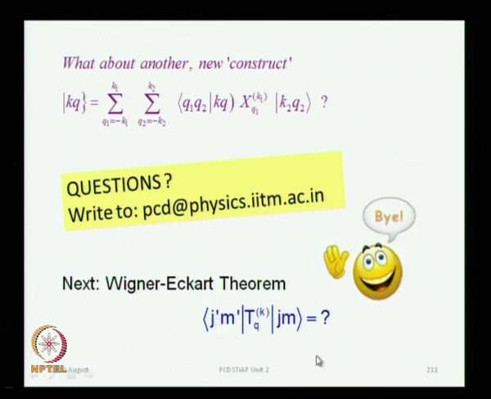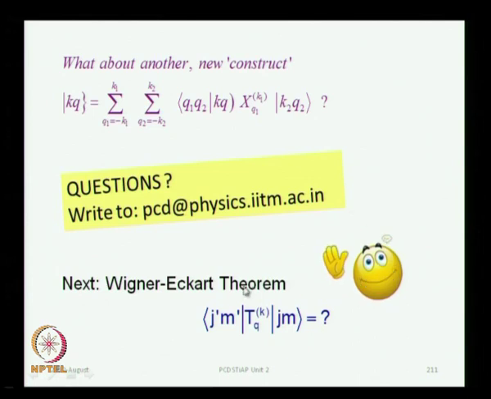So this matrix element will actually give you a measure of the probability amplitude, its modulus square will give you the probability, and then when you put the right numbers this will give you a measure of the intensity of the transition from an initial state to a final state. That is what you are doing in a spectrum. When you look at a spectrum, right, you see various lines with various intensities, and these intensities are proportional to the transition probabilities which are the modulus square of the transition matrix element, which is a creature of this kind, and the Wigner-Eckart theorem addresses this matrix element.